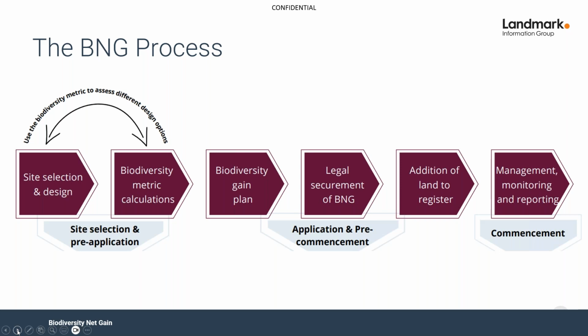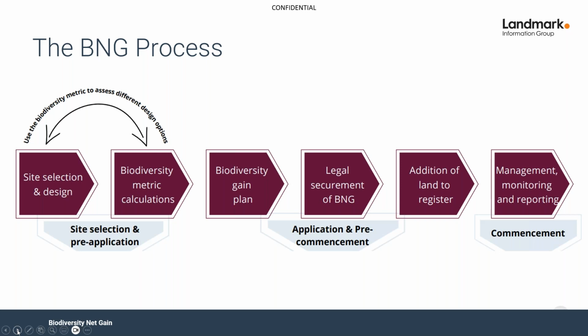And all of the off-site gain sites will be registered, and so it may be necessary to check the register and see the recorded allocation of off-site gains to a particular development, and to check that that value matches that stated in the biodiversity gain plan. And then finally, in the final box, there's the long-term management and monitoring of the conditions or obligations that we've put in place, and the enforcement in the case of breach.